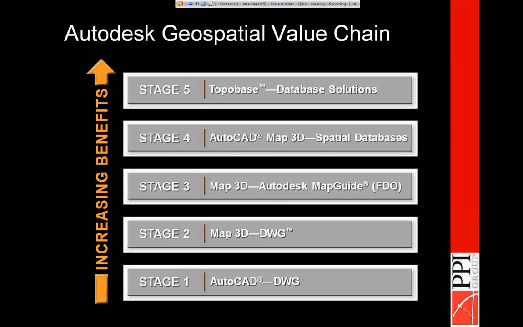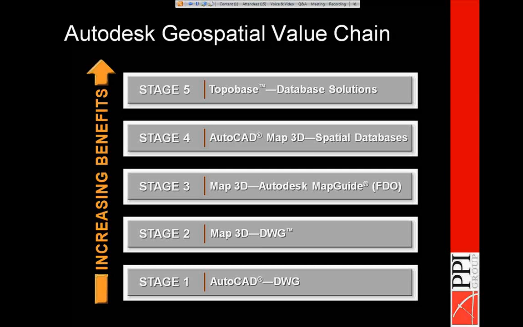Last webcast we talked a lot about FDO connectivity and how you can consume many sources of data using this FDO feature data object connectivity. We took a quick look at MapGuide in the last webcast and how you can publish that data out to MapGuide.